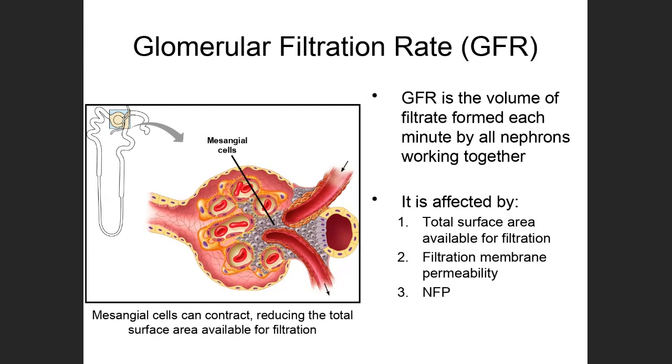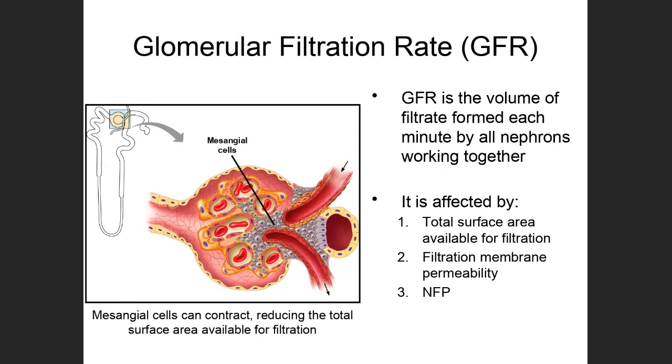However, there are situations where we may want to increase GFR and where we may want to decrease GFR. And so I want to talk about some of the ways that the kidneys can actually go about doing this. I've got a list here of 3 things that are capable of either increasing the GFR when needed or decreasing the GFR when needed.